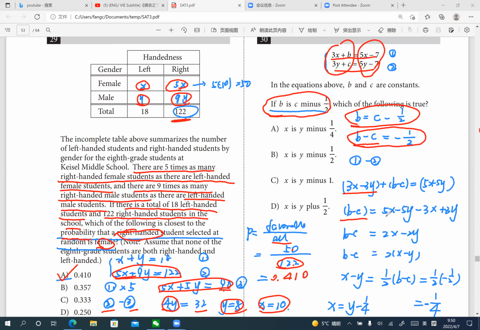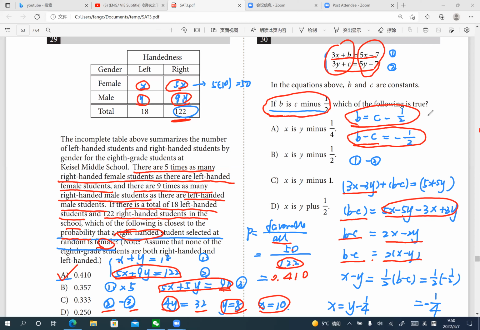Then we simplify the right side. We get 2x minus 2y, and we factor 2 out of the expression. We get 2 times in parentheses x minus y, and the left side is b minus c. So x minus y should be equal to 1/2 of the quantity b minus c.